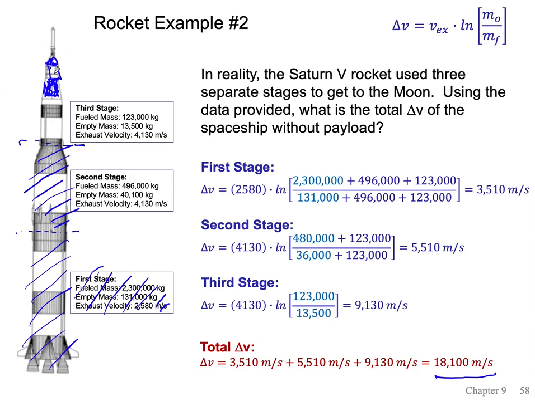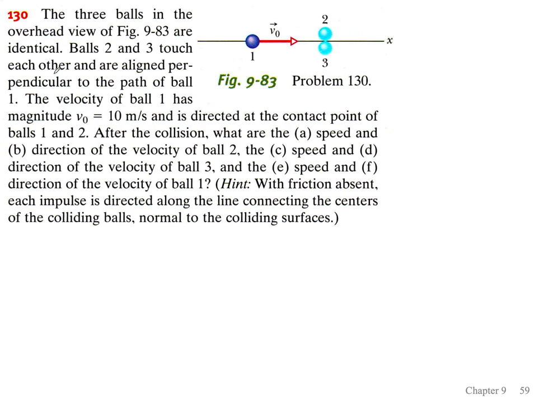You've got a lot going on. In reality, it never could achieve quite that delta V because of all the payload, but at least you can see that a multi-stage rocket can get a much larger delta V than if you simply ran it all at once and just carried around all the empty weight.